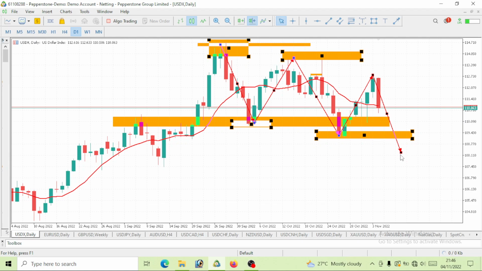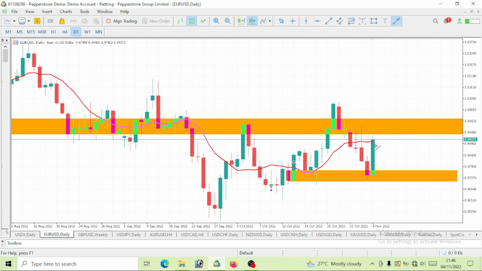So once this USD index or DXY tries to break this level, then any other pairs we would be trading against our USD should give us a bullish move. This is one of the reasons why I said you should be expecting a bullish move on Euro, since our USD index will give us that bearish move, a drop. Then do not be surprised if you see a bullish move on Euro USD.